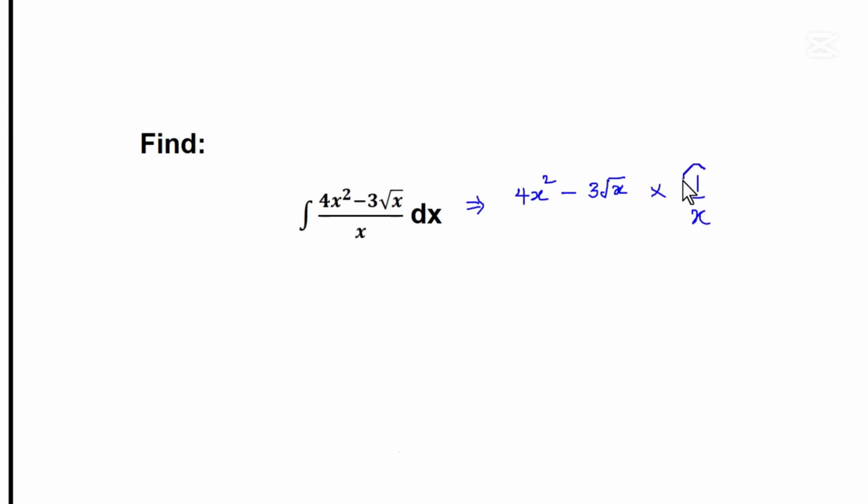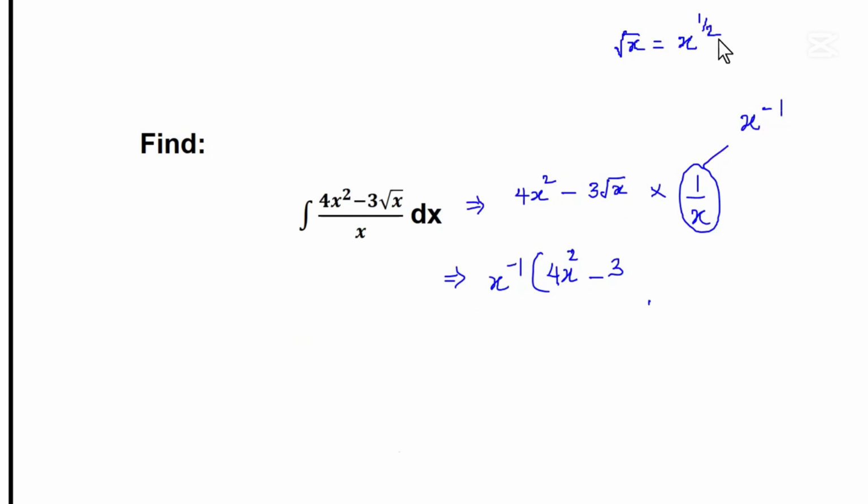Now, 1 over x can also be expressed as x to the power of -1. So we can actually multiply x to the power of -1 by (4x squared minus 3 root x). Root x can be written as x to the power of 1/2.